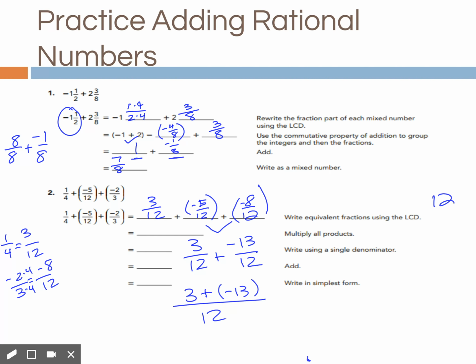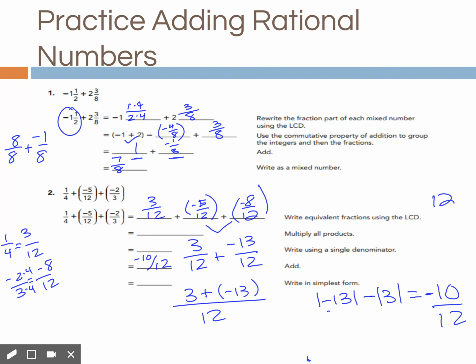Remember, when adding a negative and a positive, I subtract the absolute values. So the absolute value of negative 13 minus the absolute value of 3 equals 10. And it's going to be negative because my negative number was larger, 13. So I have negative 10/12. So that's what will go here, negative 10/12.